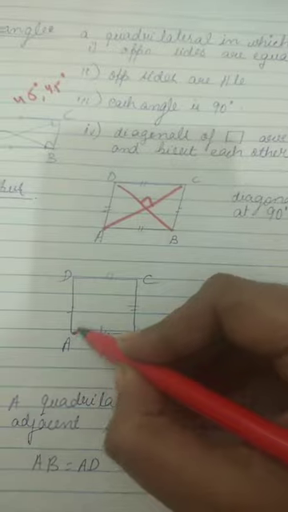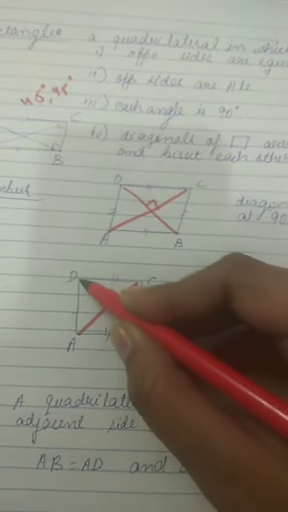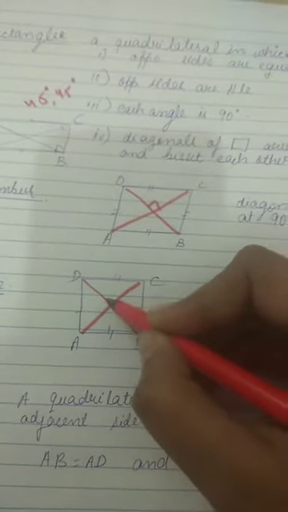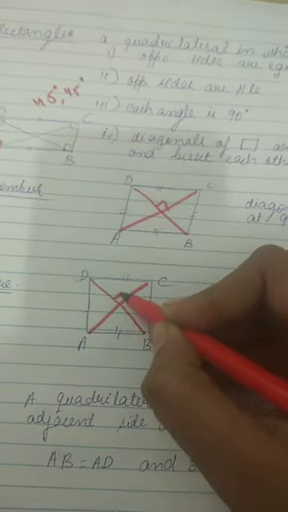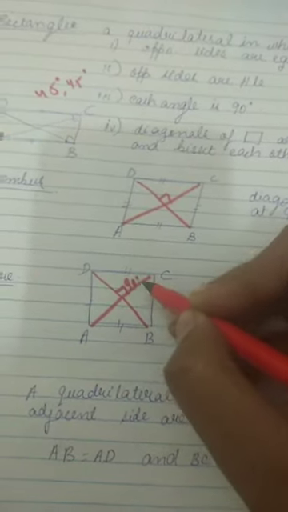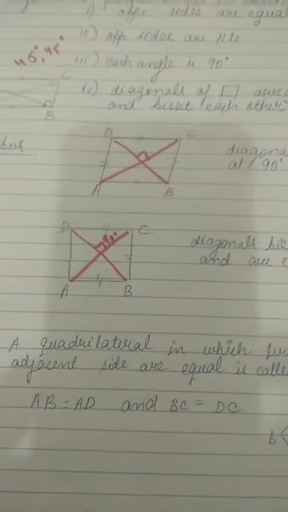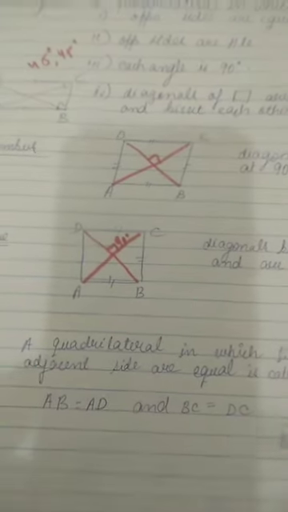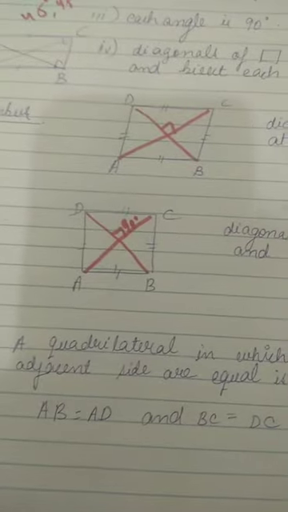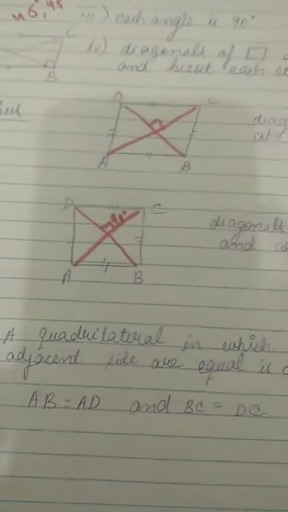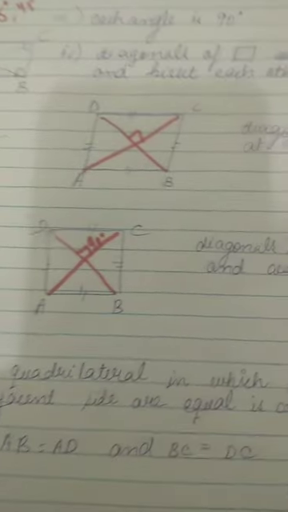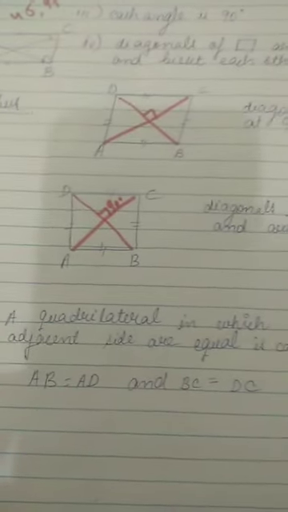The difference between a rhombus and a square is only that the diagonals bisect at 90 degrees in a rhombus also, but in a square the diagonals are equal too and they bisect at 90 degrees. The only difference is that the diagonals are equal in a square, but in a rhombus the diagonals may not be equal.